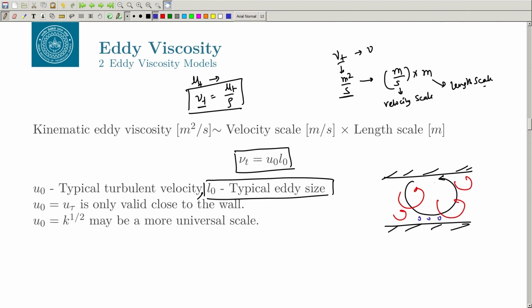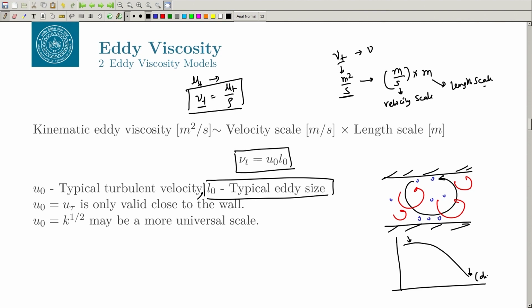Recall our earlier picture of the eddy, and we had also talked about this picture of the energy content in the eddies. The large eddies take the energy from the mean flow, and the smallest eddies are responsible for the dissipation.